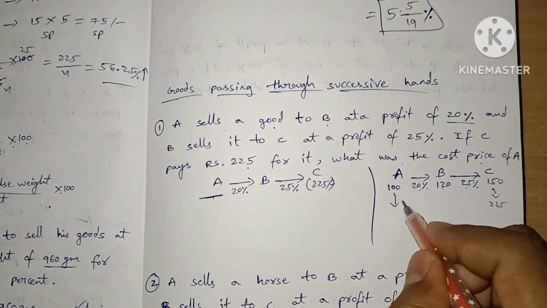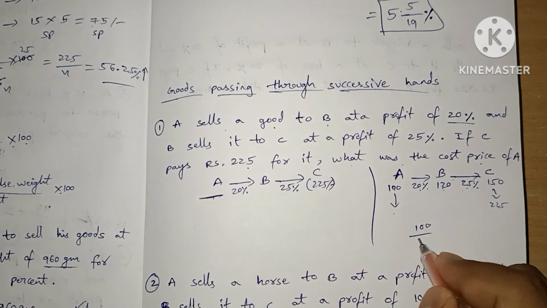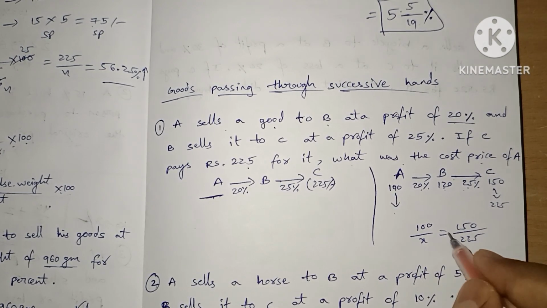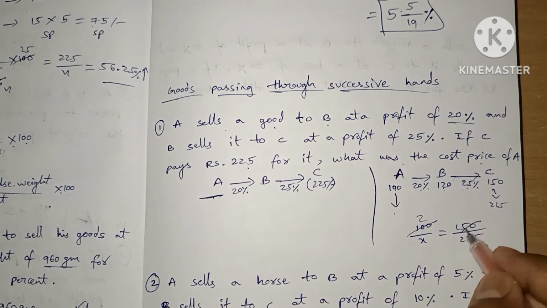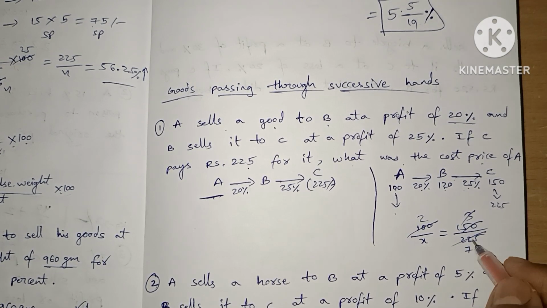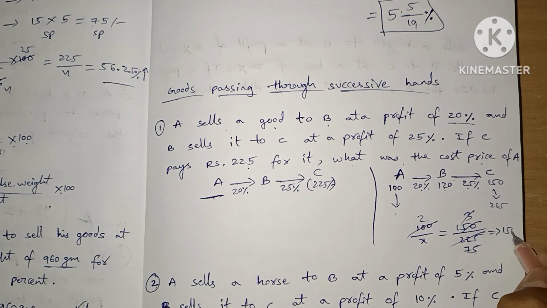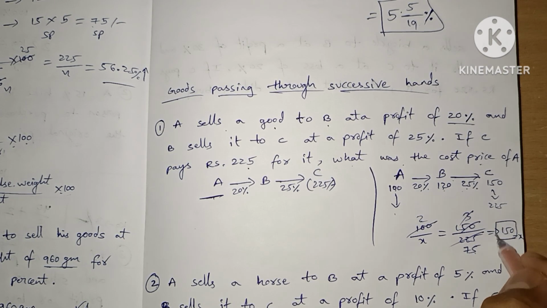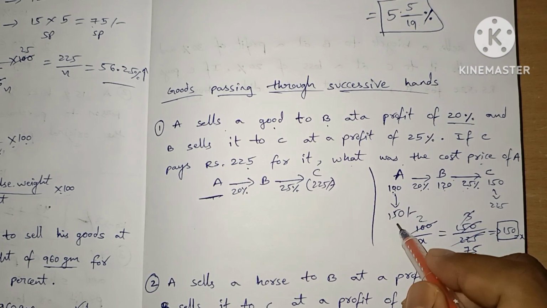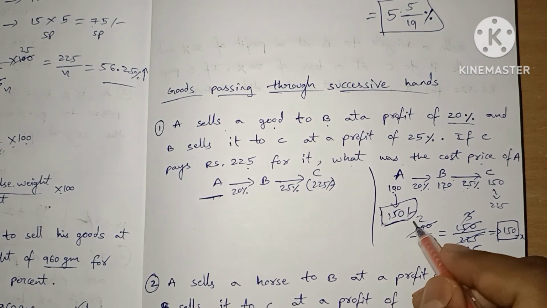We need to find the value of 100. So we do 100 divided by x equals 150 divided by 225. So 150 is the value of A. So at 150 rupees A bought the article.